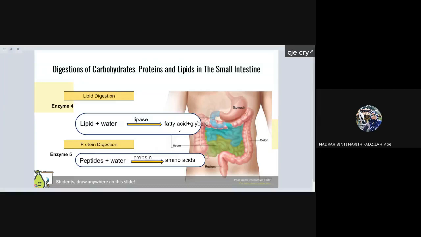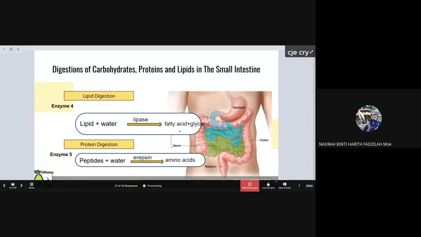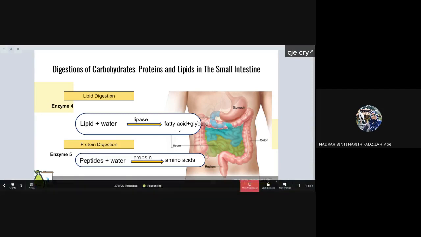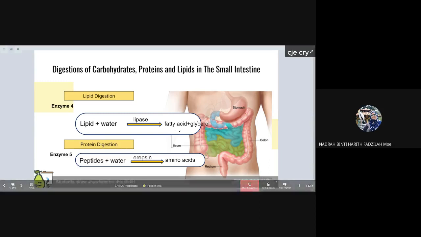Okay, so anak-anak, we have completed discussion about digestion. So dia punya main point dia kat sini ialah kita tahu the food that we eat contain carbohydrate, protein and lipid. So carbohydrate, protein dan lipid ni perjalanan digestion dia slightly different from each other.